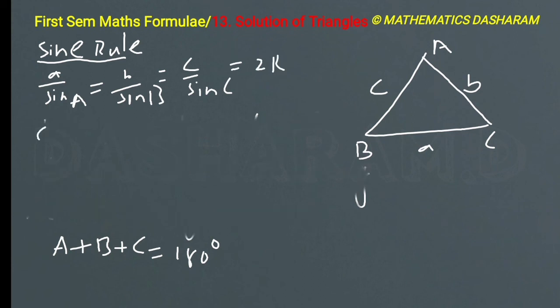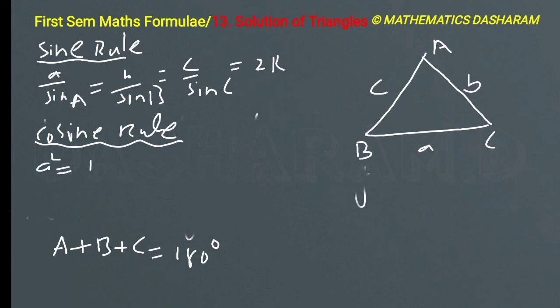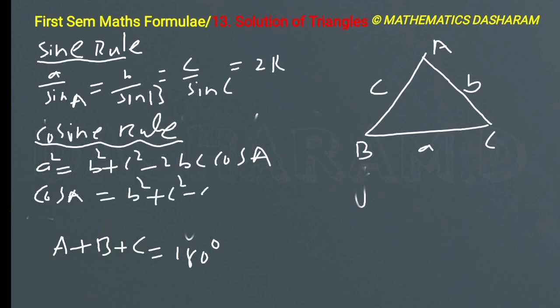Next, the cosine rule. The first one is a squared equals b squared plus c squared minus 2 into b into c into cos A. From this, cos A equals (b squared plus c squared minus a squared) divided by 2 into b into c.